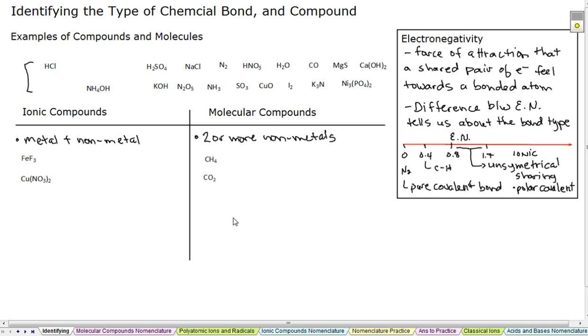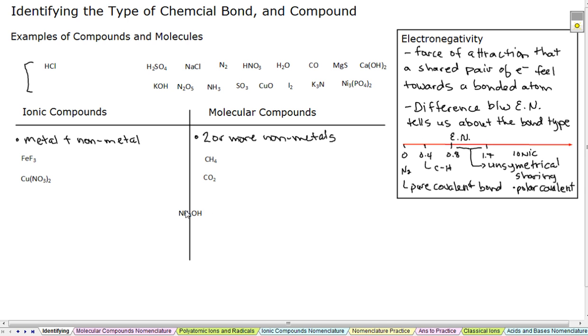Where it gets interesting is sometimes we have examples of compounds like ammonium hydroxide, which technically you only get in solution. But ammonium hydroxide is made up of two sets of molecular compounds, but ammonium and hydroxide, when dissolved in water, are ions.